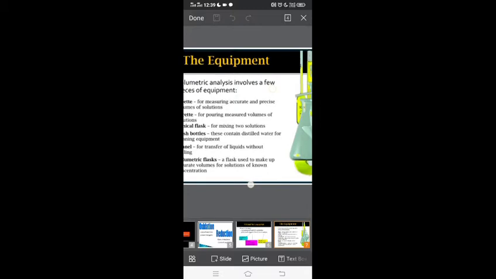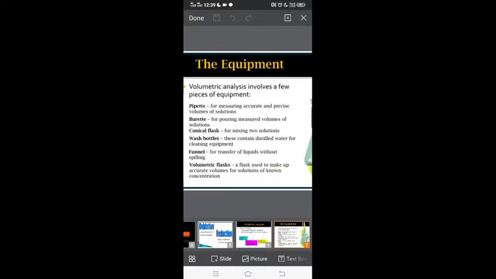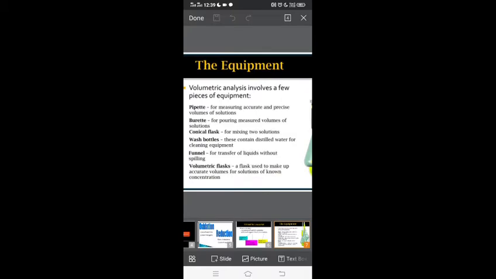In a further video I have described all the apparatus in detail, so I will send you the same video. The pipette we are using is already standardized, and it is a glass pipette provided to us. It comes as a 5 ml pipette, 10 ml pipette, and then 25 ml pipette. In our laboratory we are using the 25 ml pipette.